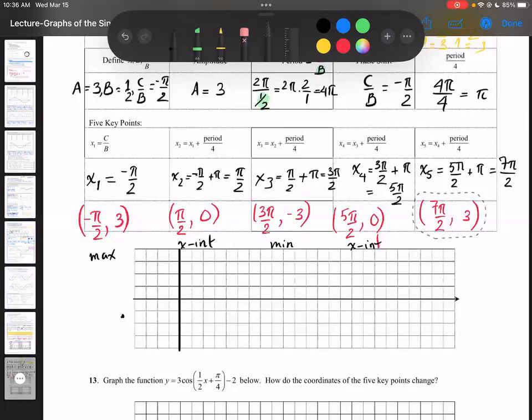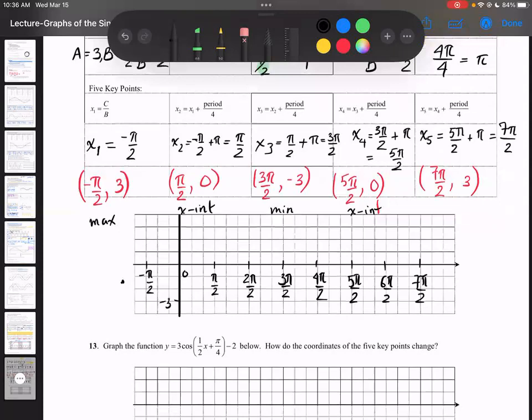So this is 0. Pi over 2, 3 pi over 2, pi over 2, the same thing as pi. 5 pi over 2. I showed you the trick earlier. My scale for the y-axis goes from negative 3 to 3.